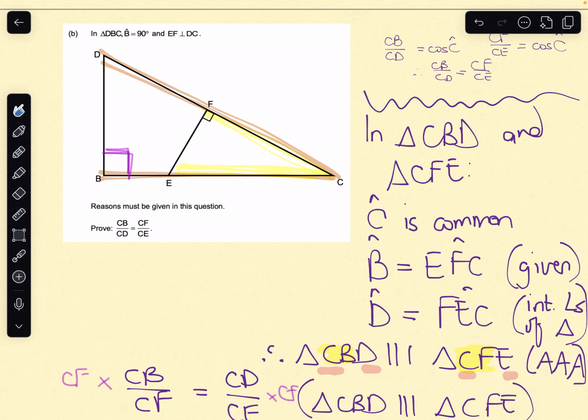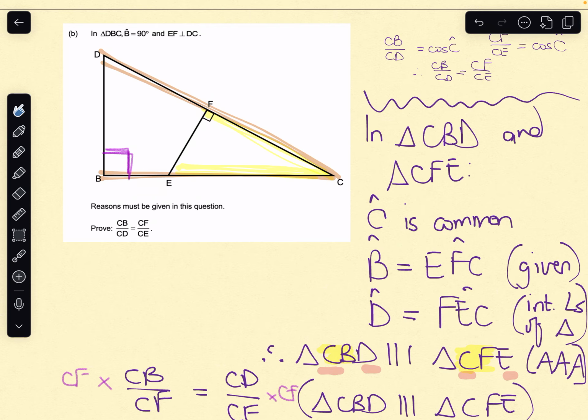So let's see what the memo thinks. Right, so we prove that they are similar, and then okay, yeah, then we just manipulate away.